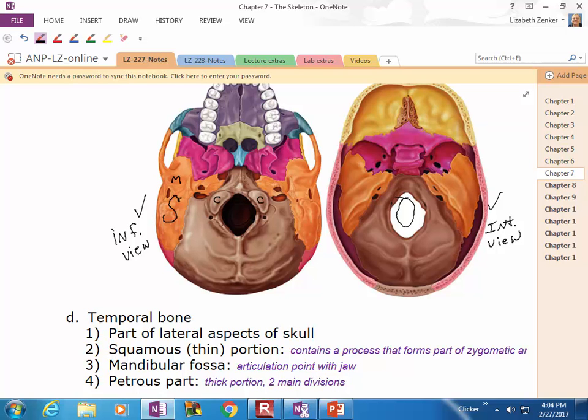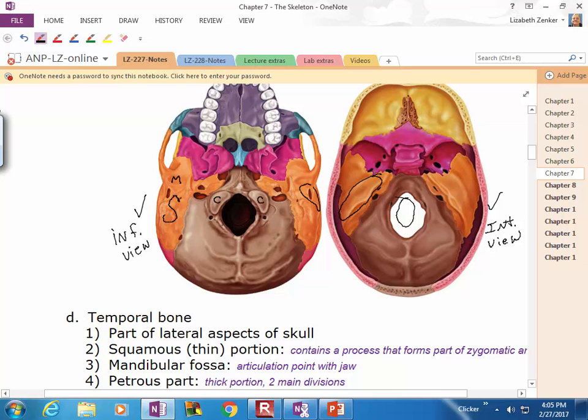The petrous part, petrous is like rock, like you could think petrified rock. So petrous is the thick part. And you could see a petrous portion both on the outside and on the inside of the bone. So this would be the petrous part here, and then also the thin part in through there would be a petrous portion.